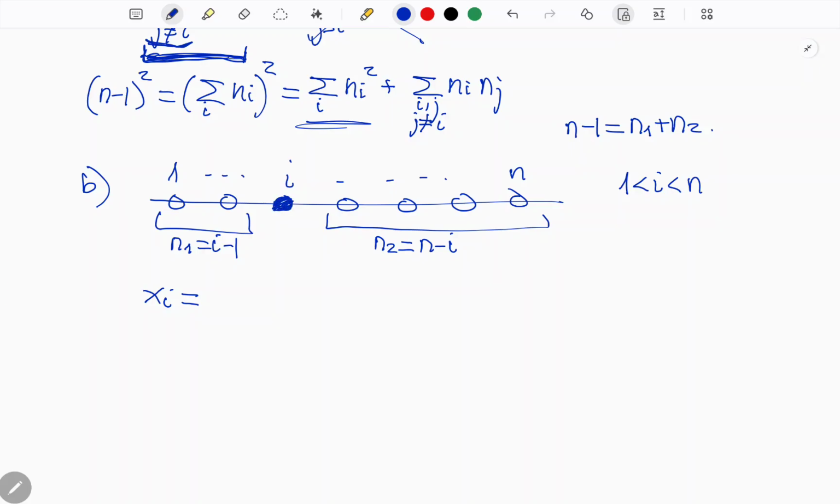Node i, I'm not counting it in any of these two sets. So what I have is that xi is just twice n1 times n2. So we find that this is 2 times i minus 1 times n minus i. And this is the final result, okay? So the end is that this is the result that they're asking us. This is the betweenness centrality. This is the number of shortest paths that go through node i.